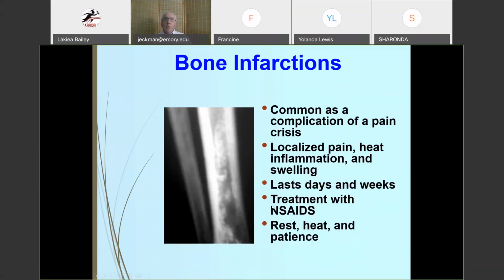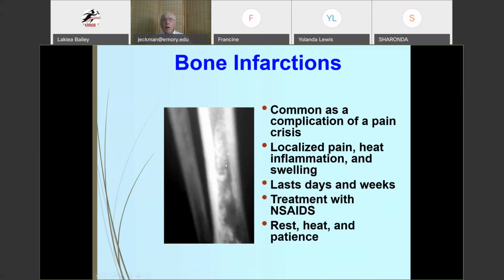Now, every time you have a pain crisis, as I said earlier, most of the pain is coming from the fact that the bone isn't getting enough blood. If the blood flow is stopped long enough, there's actually damage to the bone.